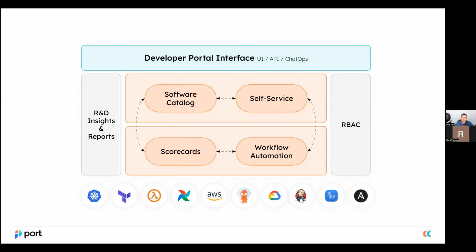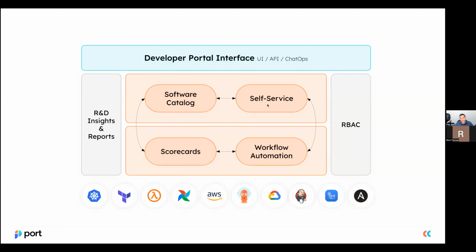He probably doesn't care that much about every single pod in your Kubernetes or every Lambda function that you have, but he probably has his own microservices that he's responsible for or that he interacts with quite frequently. And he probably wants to see those in a way that is concise and in a way that is easily digestible for him.